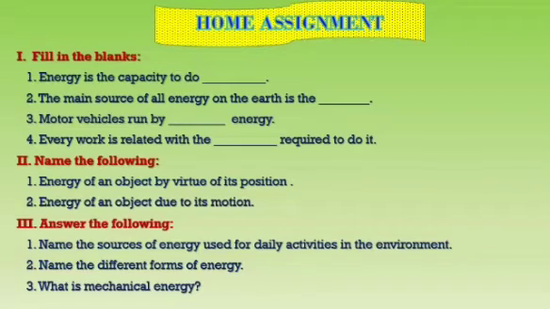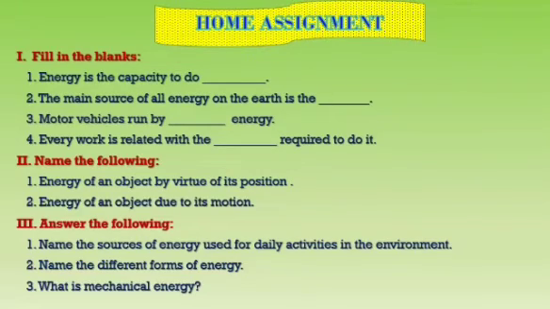Second main, name the following. First one, energy of an object by virtue of its position. Second one, energy of an object due to its motion. Third main, answer the following. Question 1.